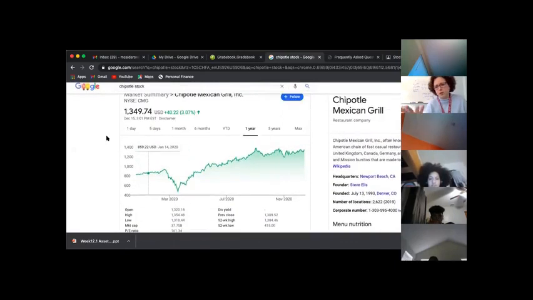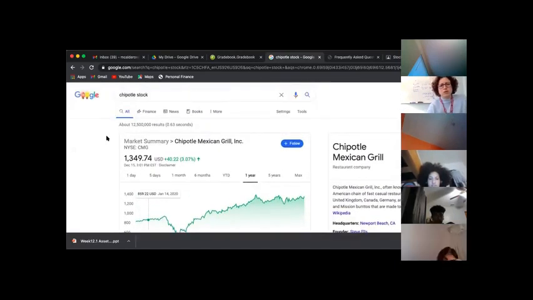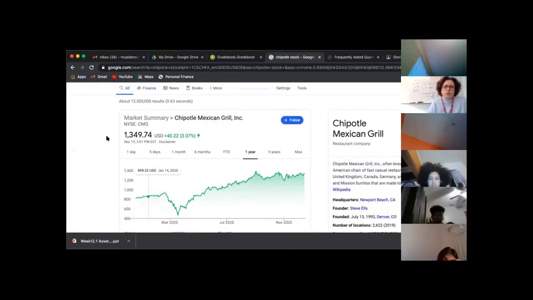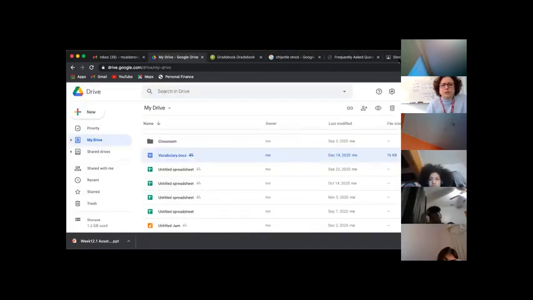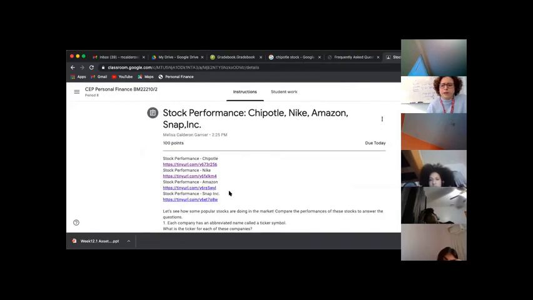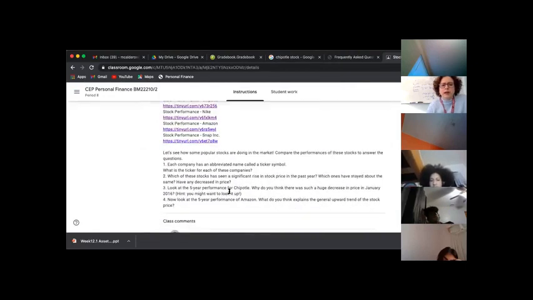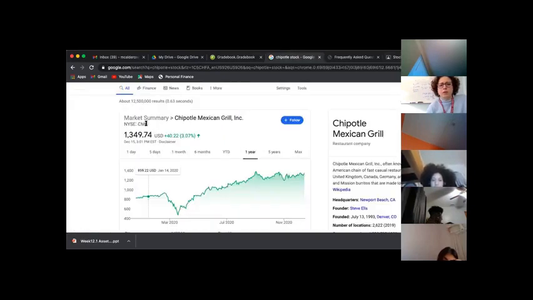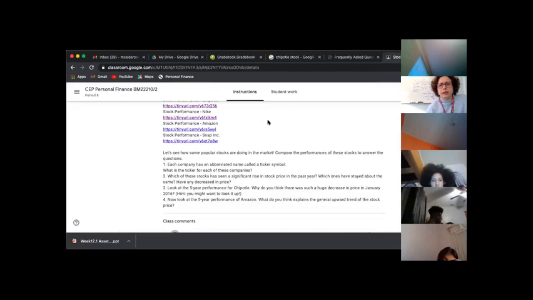You can use other places, but I chose Google. And the questions are: each company has an abbreviated name called a ticker symbol. What is the ticker symbol for each? Right. So the ticker symbol here, right? Their stock market name, so to speak.